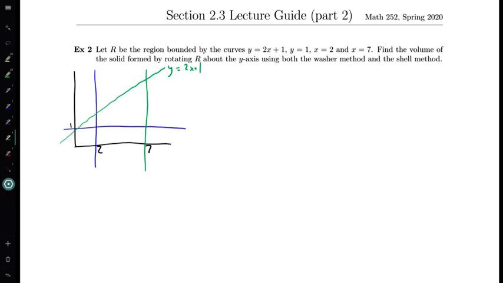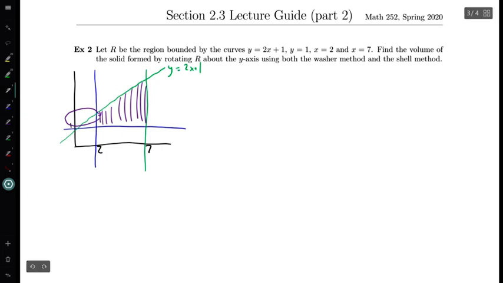Great. So if we want to think about what this region looks like, well, we have this region here. And so if I'm drawing these, we're also revolving about the y-axis in order to form this solid. So we're taking these lines and we're revolving them about the y-axis.